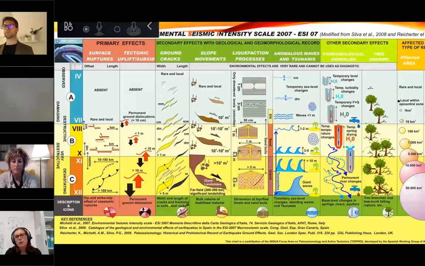The important point is that the ESI scale tries to quantify or to describe the dimension of each type of effect for each intensity degree. So for instance, in the case of primary surface rupture, the first column to the left, we can measure offset and length, and we have different categories, different units, different measures for each intensity degree.